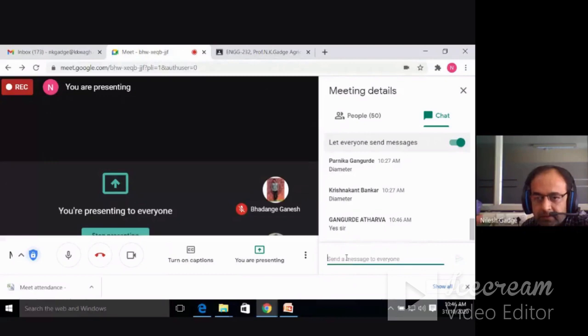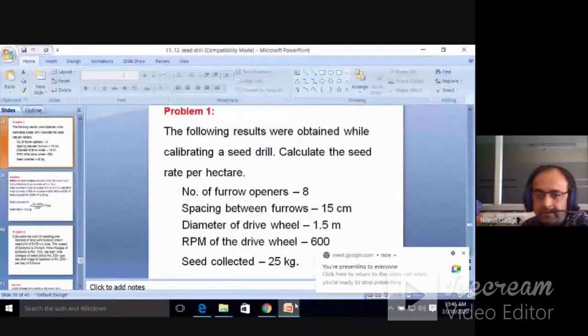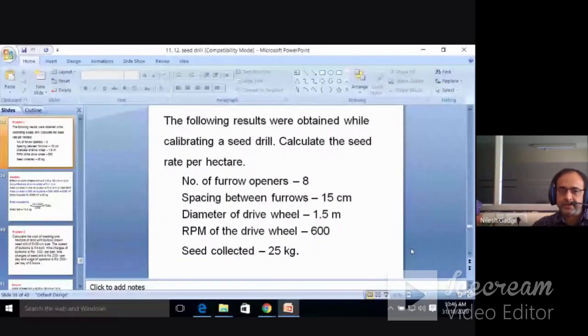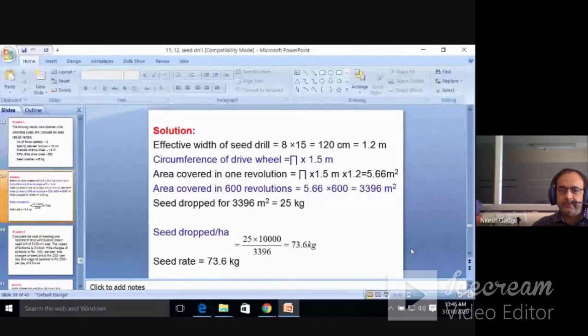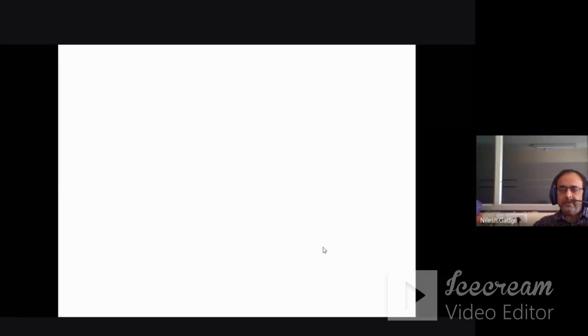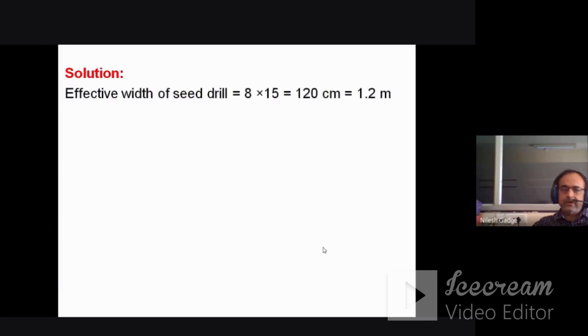Okay, I will solve. We will solve this problem. This is the solution, but you should know how it is solved. So first find out the effective width of the seed drill. Effective means total or working.